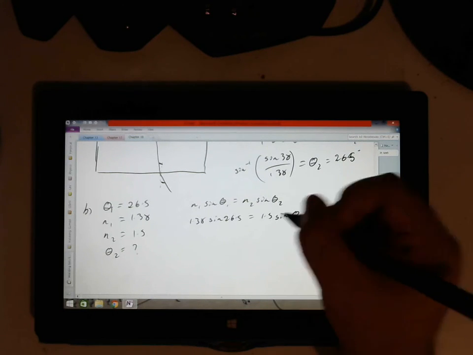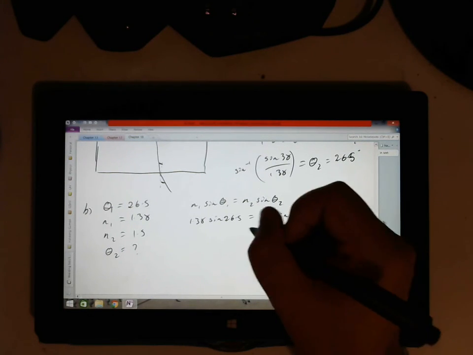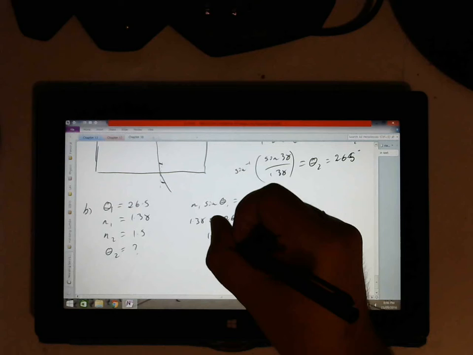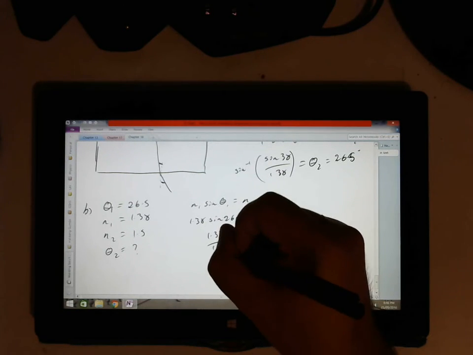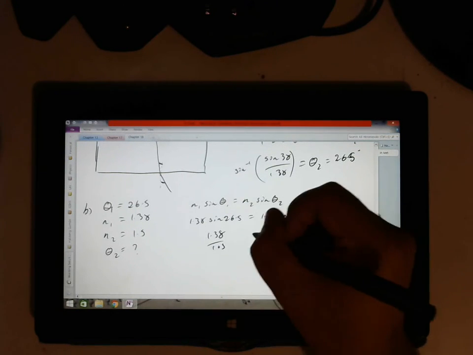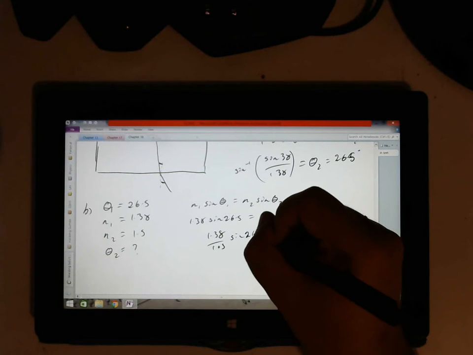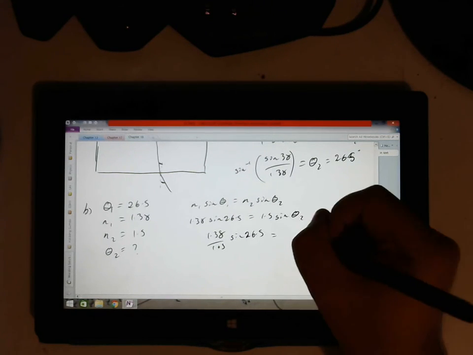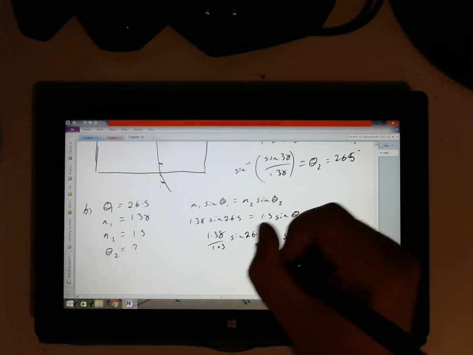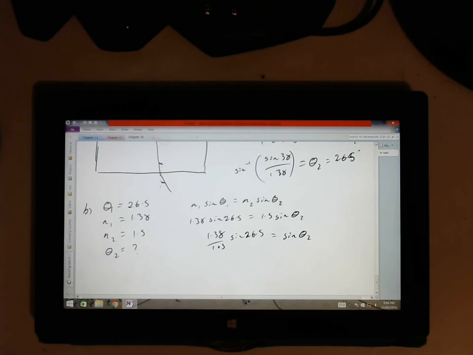That divided by 1.5, and then we want to take the arc sine, so let's do it step by step. 1.38 over 1.5 sine of 26.5 equals sine of theta 2. Let's solve this: sine of 26.5 times 1.38 divided by 1.5.